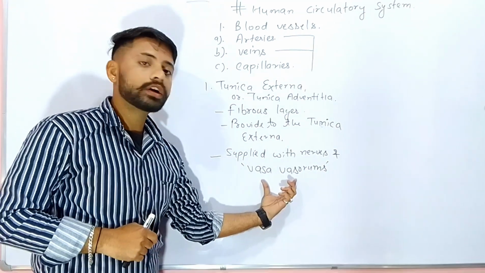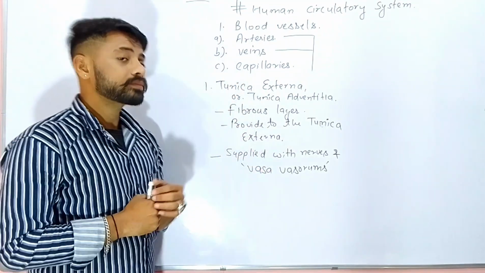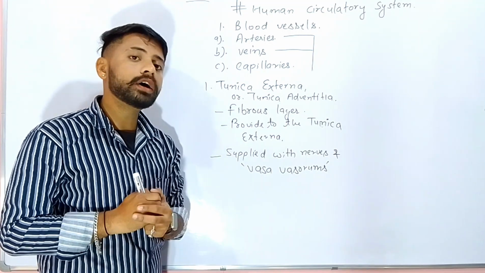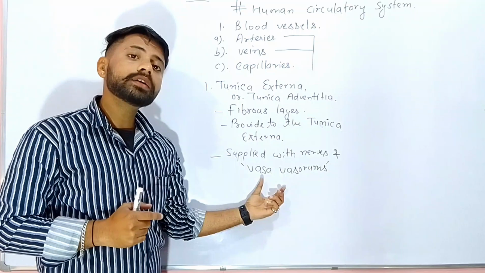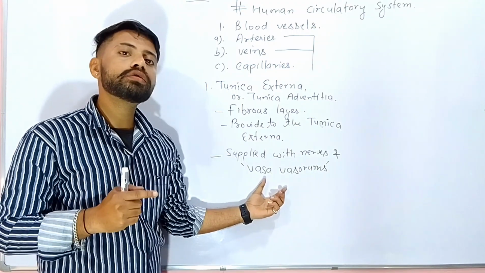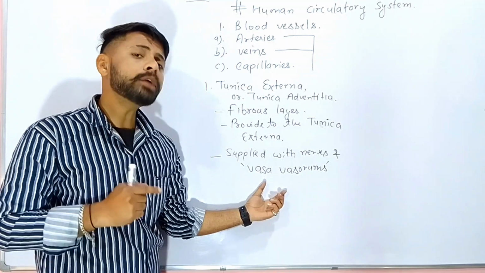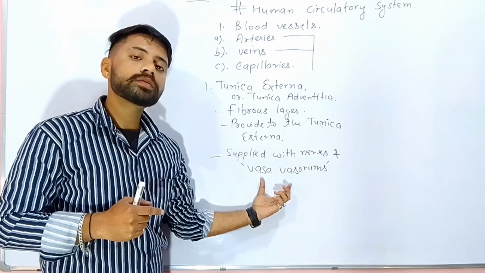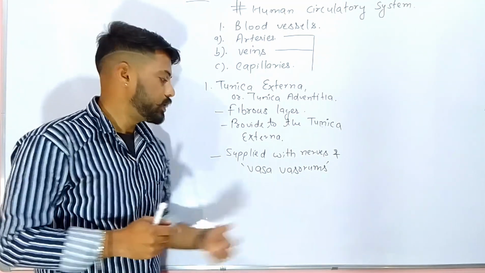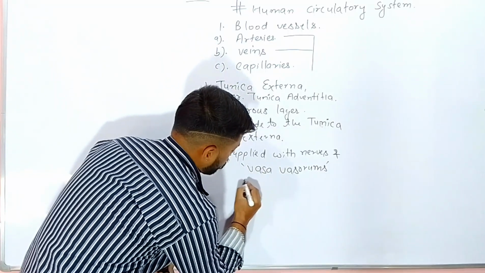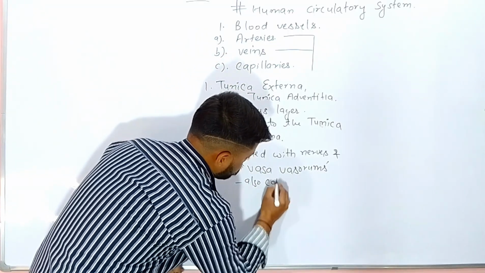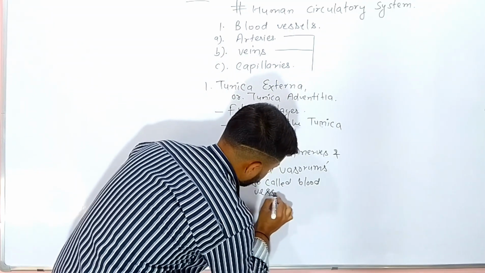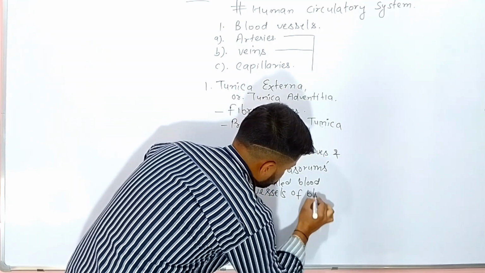Blood vessels carry the blood to a particular organ and bring back that blood to the heart. The blood vessel which provides the blood to the other blood vessel is called the vasa vasorum. So they are also called blood vessels of blood vessels.